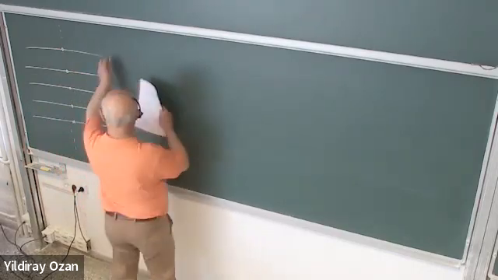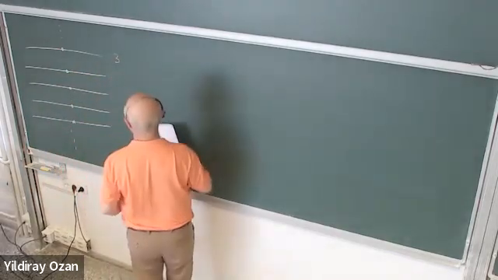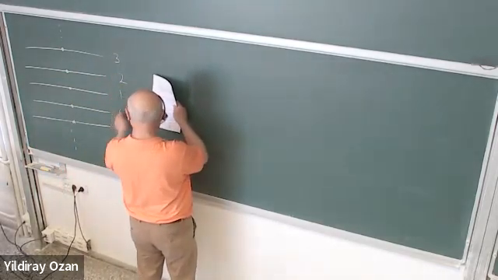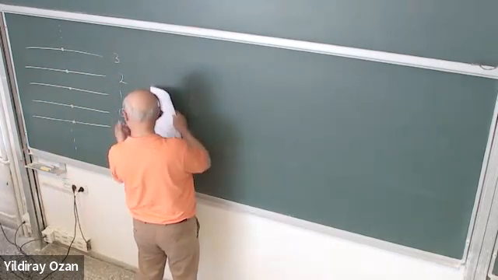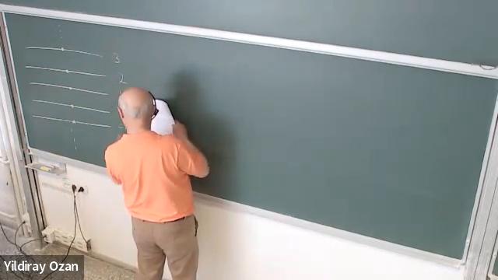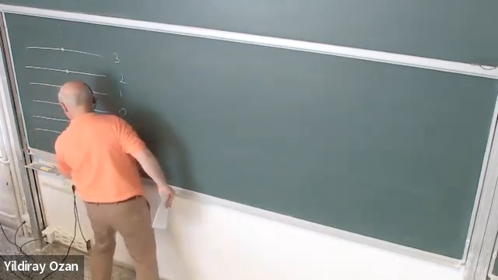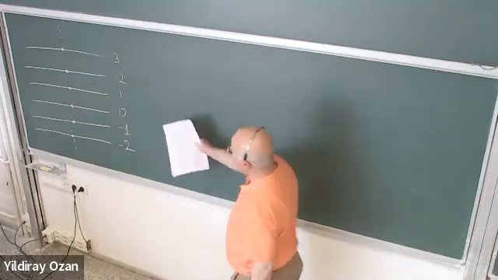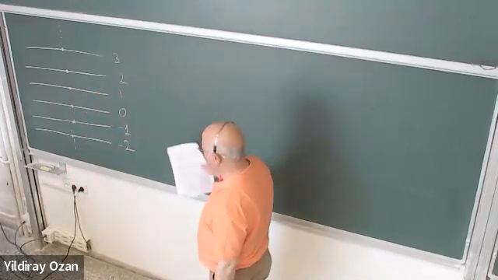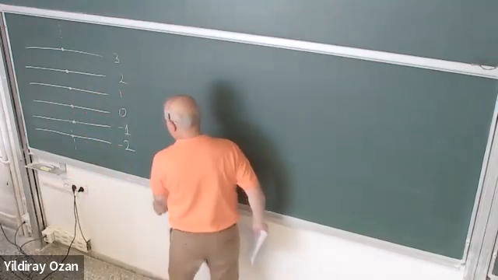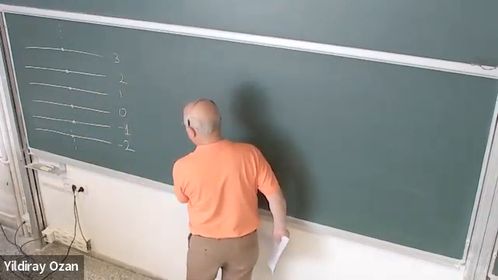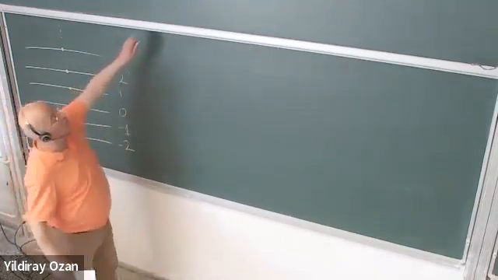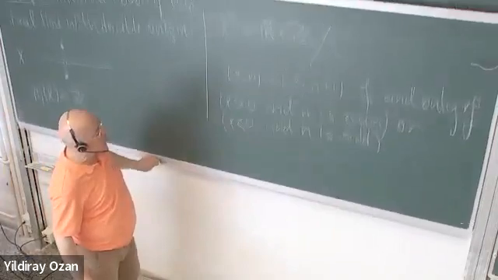And let's say this is the one corresponding to the integer 3, 2, 1, 0, minus 1, minus 2, let's say. So this is R cross Z. And then what was the equivalence relation?